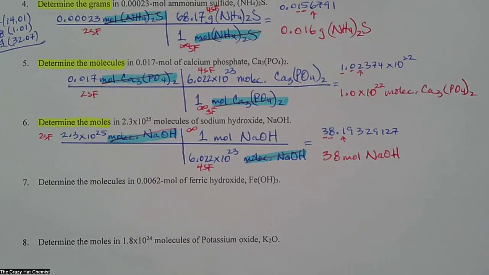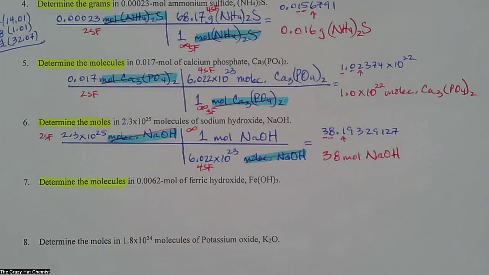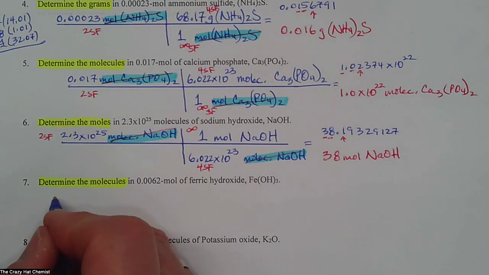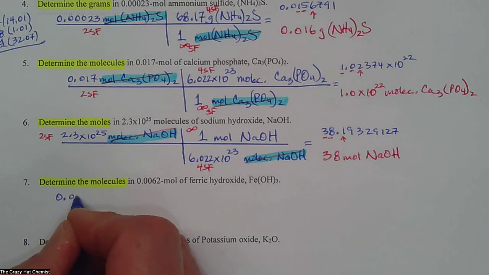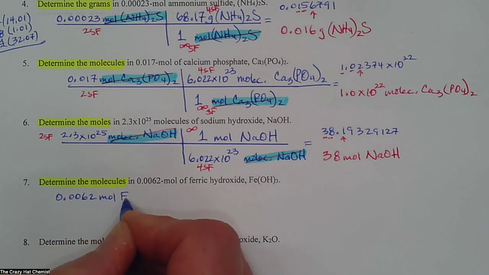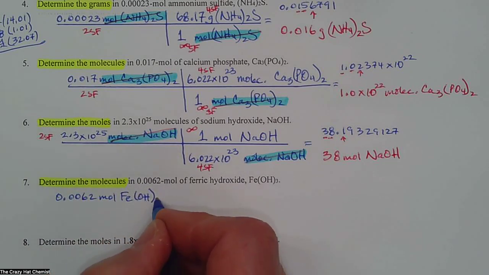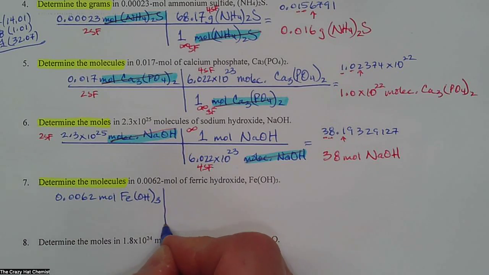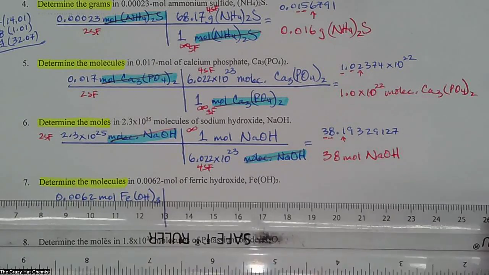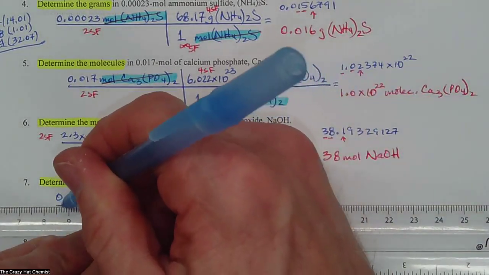All right, folks, we're going to do the next problem here, number 7, and it says determine the number of molecules. Okay, determine the number of molecules, and I have 0.0062 moles of ferric hydroxide. And that is Fe(OH) with parentheses and a 3, a vertical stop between this and the next term, and a horizontal line, so to keep my ducks in a row here.